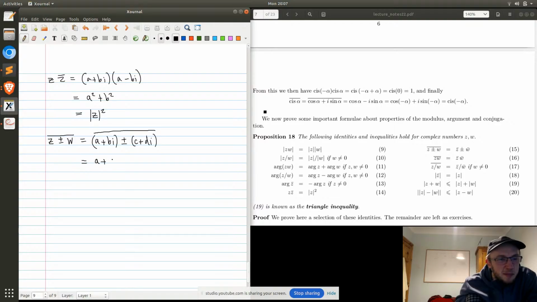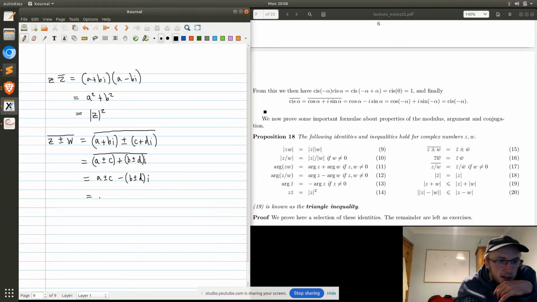Okay, so a plus c. No, I've already made a mistake. So a plus minus c, plus b plus minus d i. That's what that's equal to. And that's equal to a plus minus c minus b, ooh, brackets, b plus minus d i.